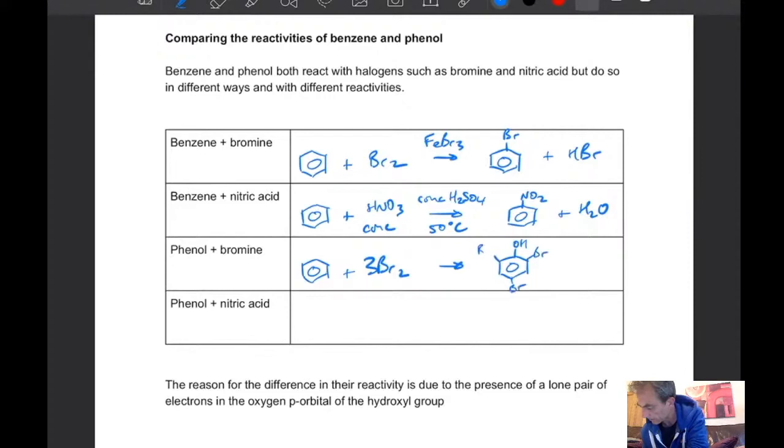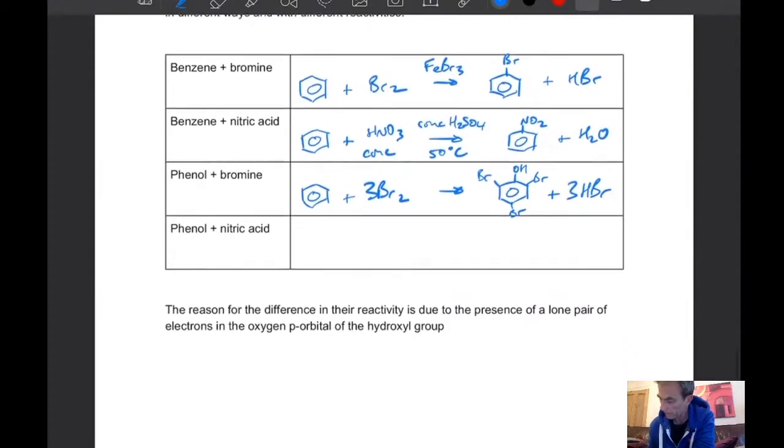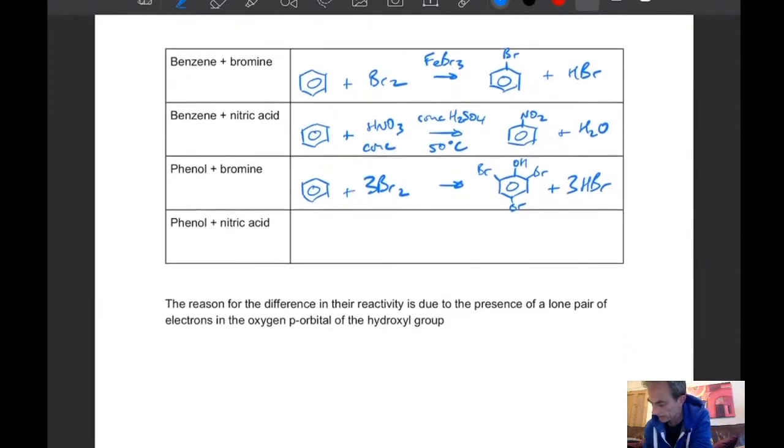It's quite hard to write this with this pencil, so small. Okay, and phenol and nitric acid. Oops, I've forgotten the OH group there, sorry about that. Just noticed that. Dilute. No catalyst needed. This will happen at room temperature and pressure, so I'll just put RTP there.